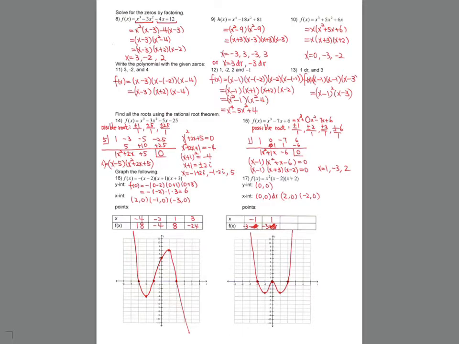Number 14, find all the roots using the rational root theorem. The rational root theorem says that you have to take the factors of your constant over the factors of your leading coefficient. Factors of your constant over factors of your leading coefficient are your possible roots, your possible zeros.